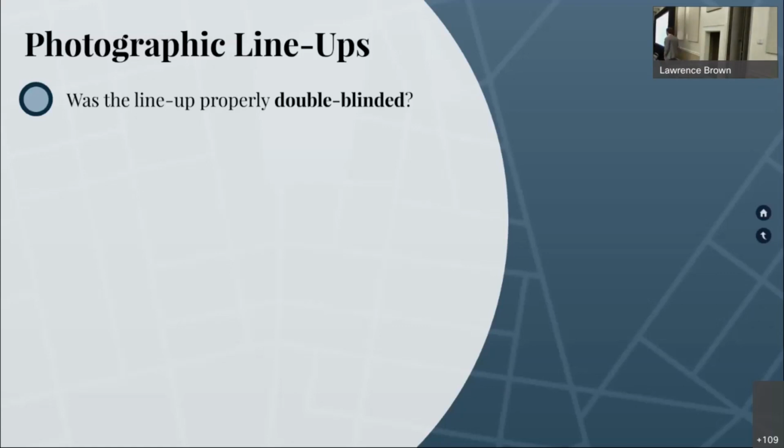So best practices here for photographic lineups is to be double-blinded. What does that mean? It means that the officer who is administering the lineup does not know which picture represents the defendant. They have no idea, right? Okay, and then they administer the lineup. That's enough on double blinding.